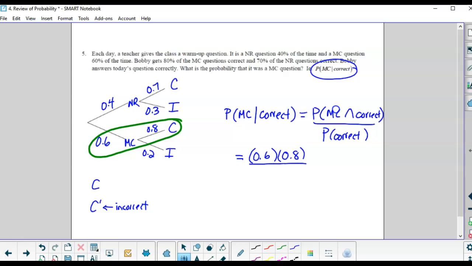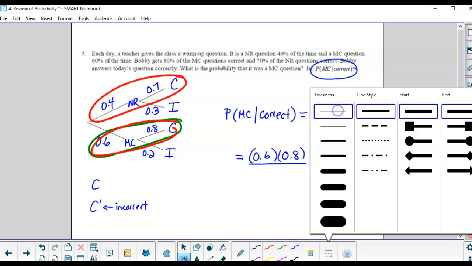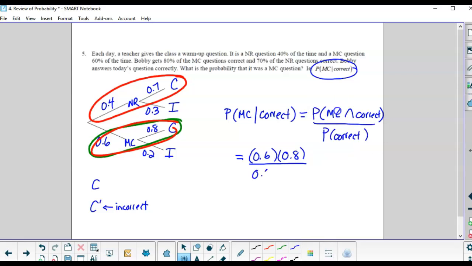Then just the probability of correct, well, he could have got a numeric response correct as well. So that's then this and this. Total probability. So that's going to be 0.6 times 0.8 plus 0.4 times 0.7.